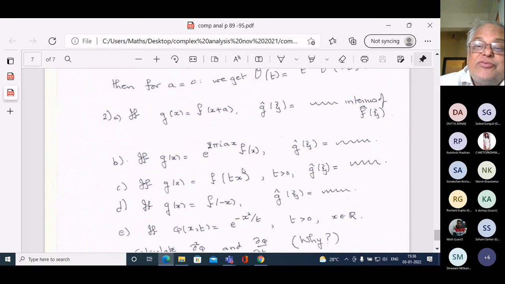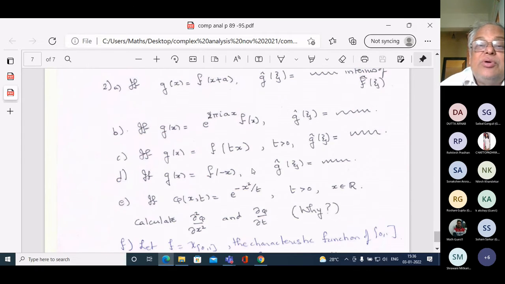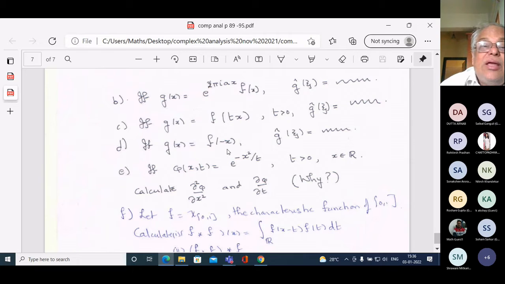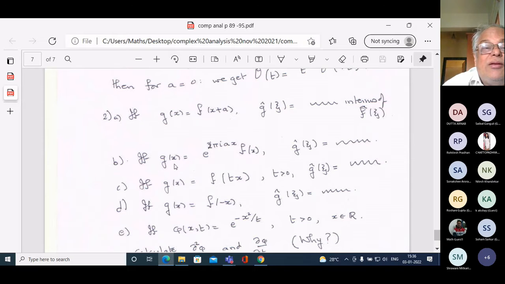What happens when you do a dilation by t? And what happens when you do a reflection? So D is a reflection, C is a dilation, B is a multiplication by a character, and A is a translation. So there's this translation, dilation, reflection, and multiplication by a character.